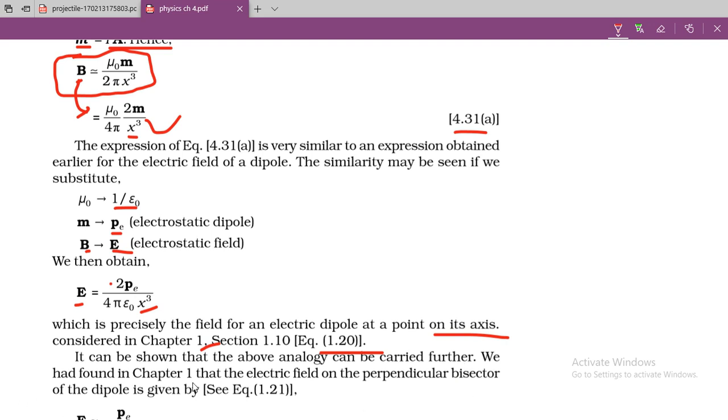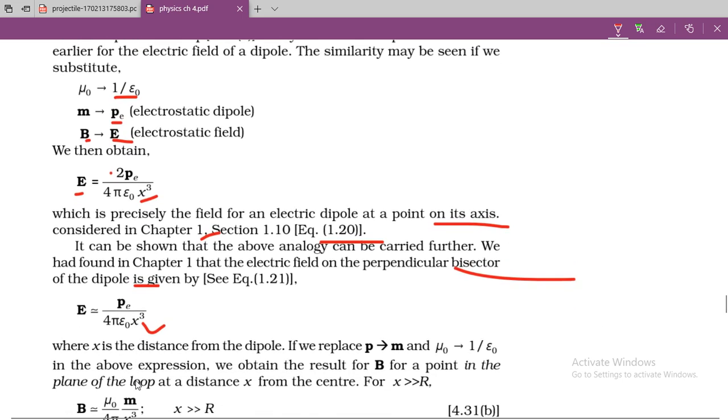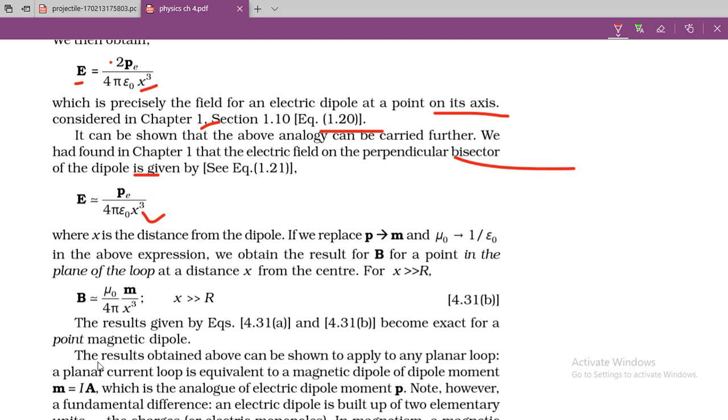We had found in chapter 1 that the electric field on the perpendicular bisector of the dipole is given by this formula for the electric field intensity at a point on the equatorial line of a dipole. It is equal to p, the electric dipole moment, upon 4 pi epsilon naught x cube, where x is the distance from the dipole.